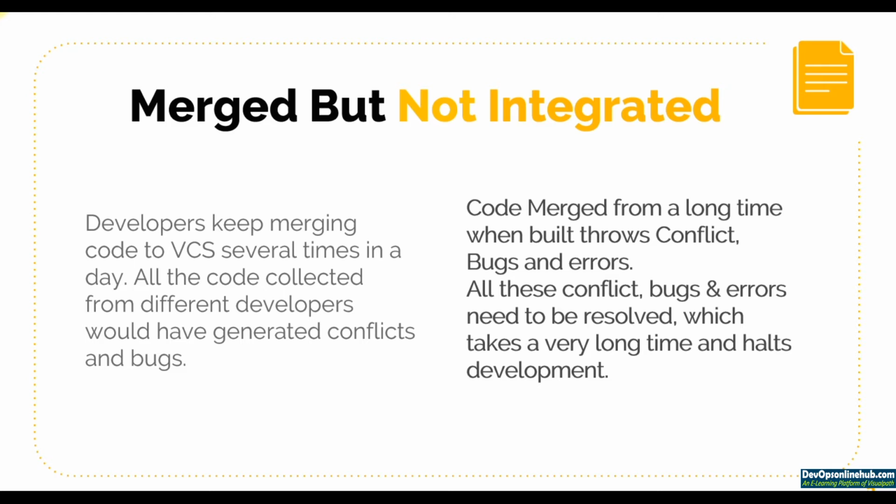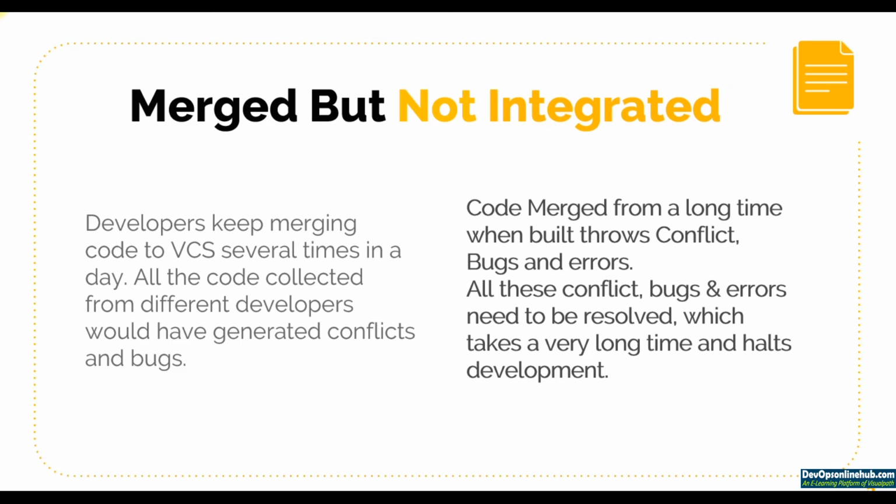But when the build time comes, we take all that collected code and then we build it. So developer A, developer B, developer C, all of them have tested their code locally, but when their code is merged together, did we build it? If we build it, we will find whether there are any conflicts, errors or bugs.